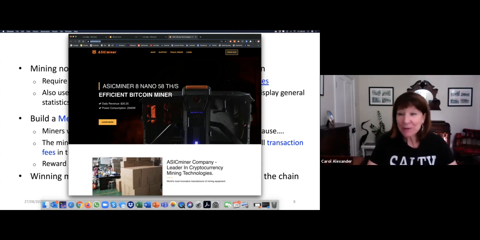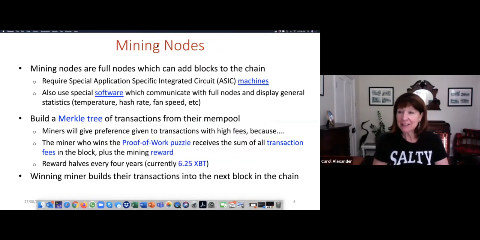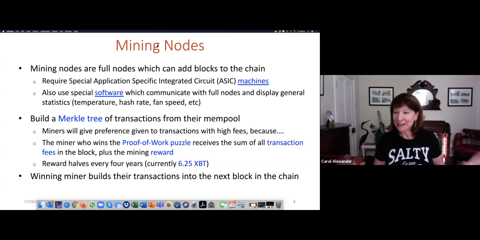So it's quite expensive to run these mining nodes, in particular because the competition is so great. They've grown into not just a single machine, but they have massive warehouses called mining farms. We'll get onto that in a minute.